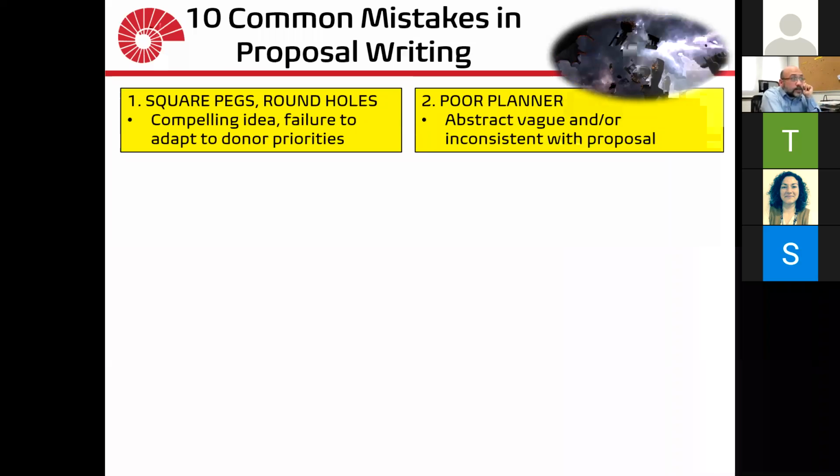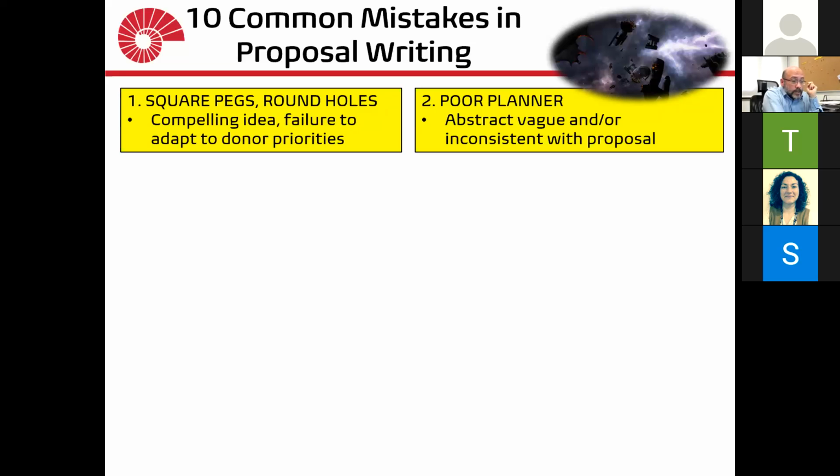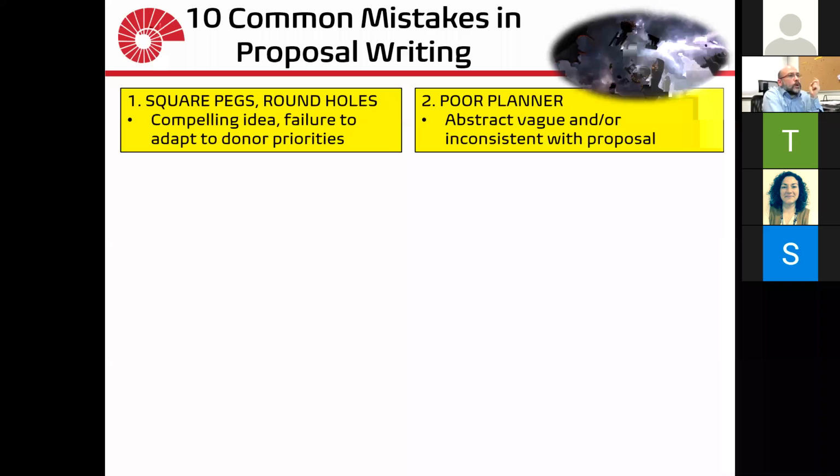Poor planners. This mistake can come in two different ways. One, a lot of proposers come up with very vague, very abstract summary pages. Yes, it is called an abstract, but it should not be very, very abstract.